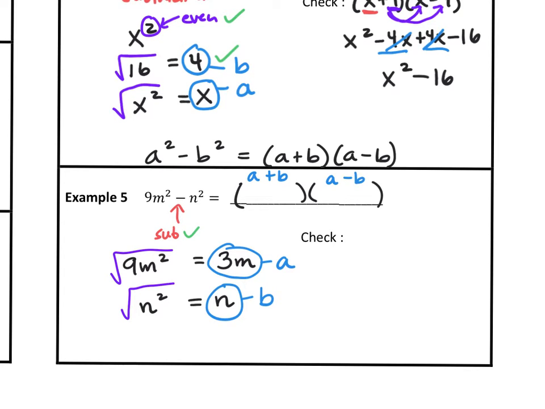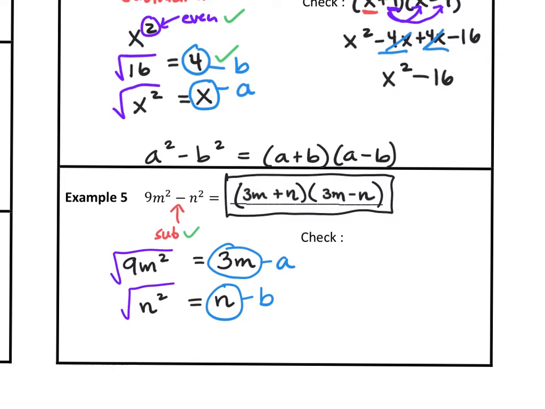But my a is 3m and my b is n. So 3m plus n, and then 3m minus n. Alright, so I'm going to erase this blue part up here. But that should be my answer right here, what I wrote in the 2 parentheses.